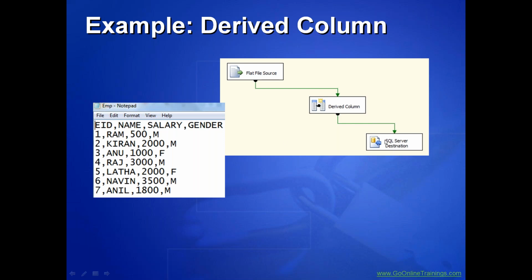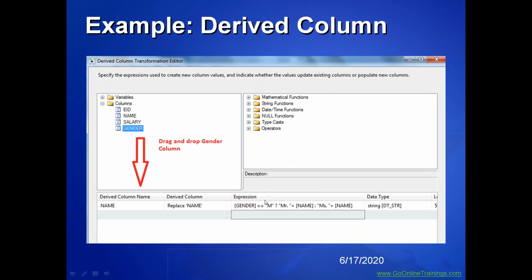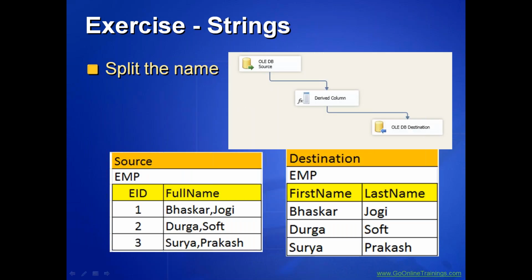If you want the data like this, apply a derived column transformation in between to transform the data. So Ram will become Mr. Ram, Kiran will become Mr. Kiran. That is what is called transformation. You change something in the data and load the data to the destination. This is the expression we can write, and we will do the demo in tomorrow's class.